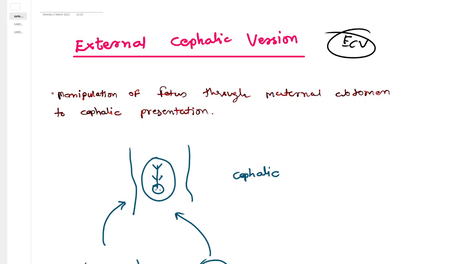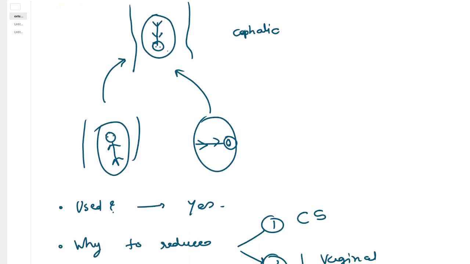Okay, so this is how ECV is done. Now here is a very simple diagram. We need cephalic version for a normal vaginal delivery. But if it is in breech, then we manipulate by means of hands into the vertex position, and if it is a transverse position, we also convert into the vertex position.